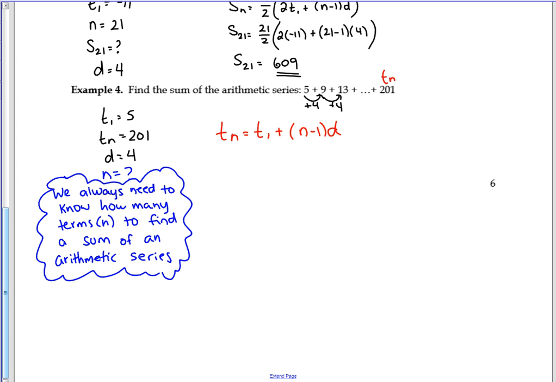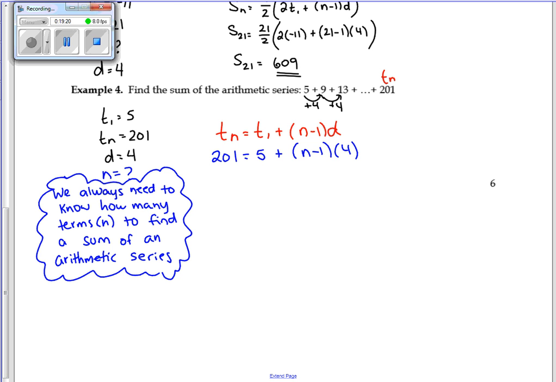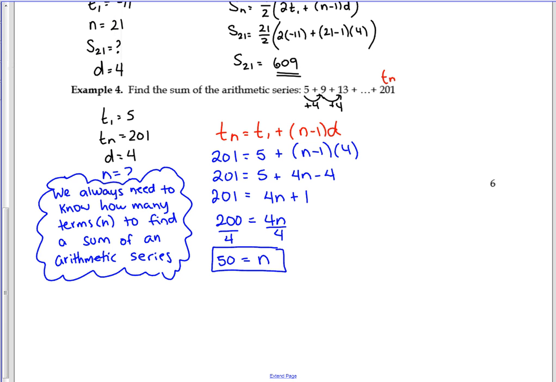So 201 equals the first term, 5 plus n minus 1 times our common difference of 4. Go ahead and solve for n here. Okay, you get 50. Good.